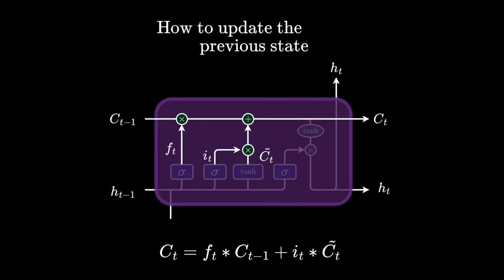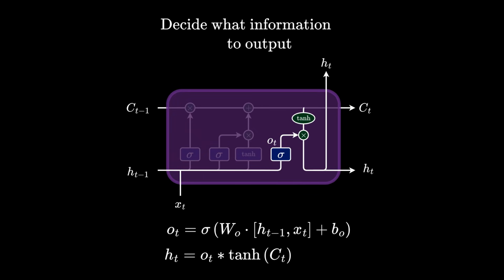So next, we must decide what should be output. The cell state contains a lot of information, but we do not want to expose everything. So again, we take xt and ht minus 1 and pass them through a sigmoid gate, and this gives us output gating values.